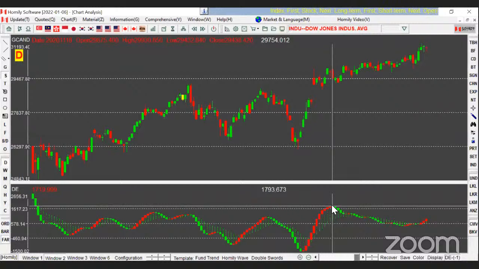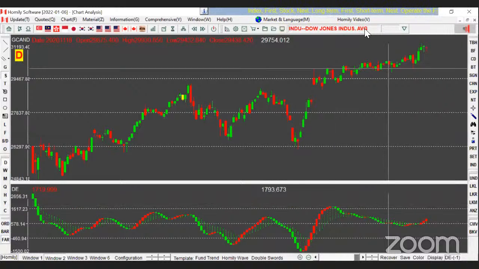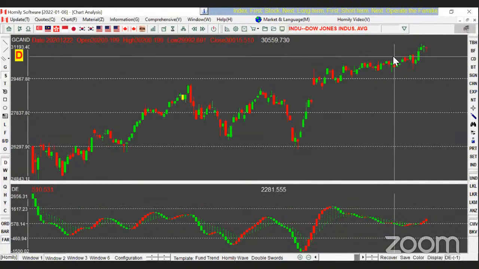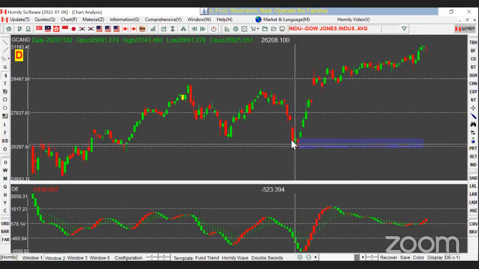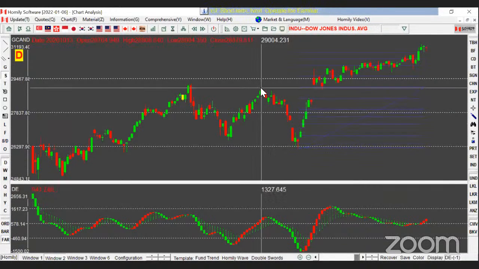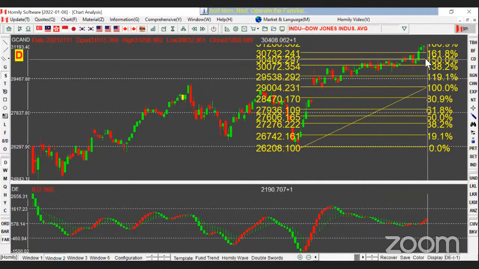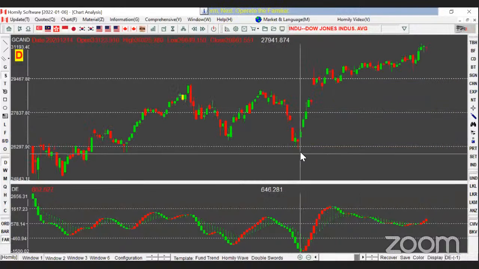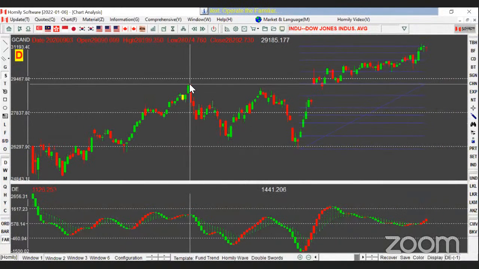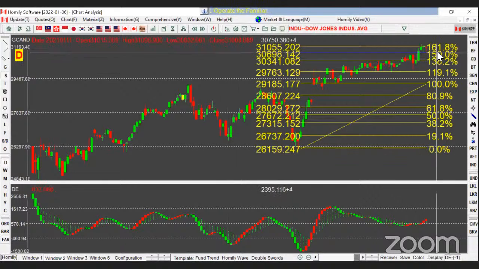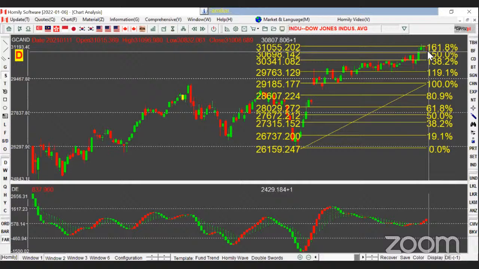And Dow Jones is the least, because the rally for Dow Jones is not as much as Nasdaq. Nasdaq is the most bullish one recently, yes. So if we check the extended golden section, from this low to this high, or if you want to try this low and this high, it should be roughly around 161.8%, the current price.